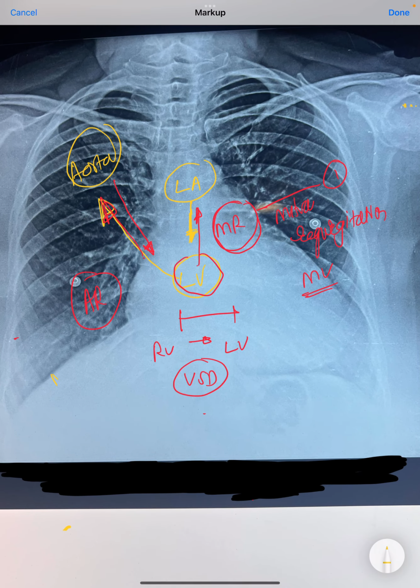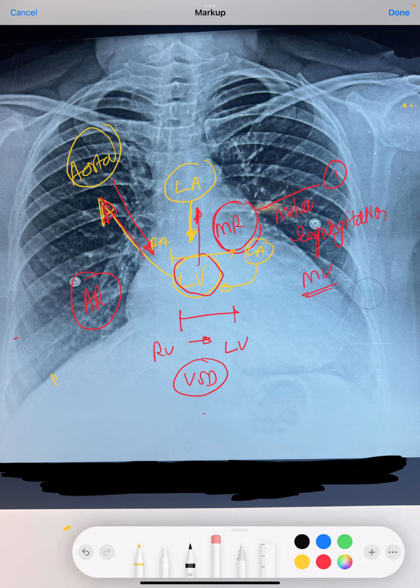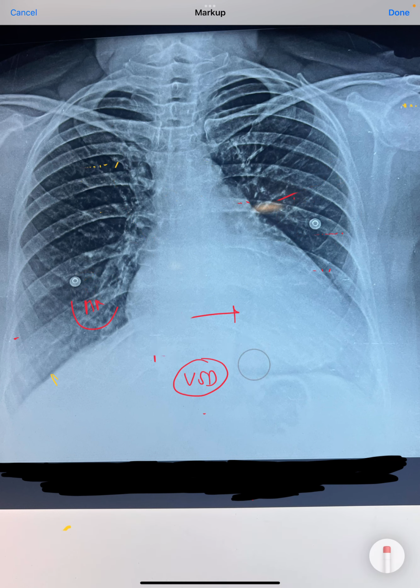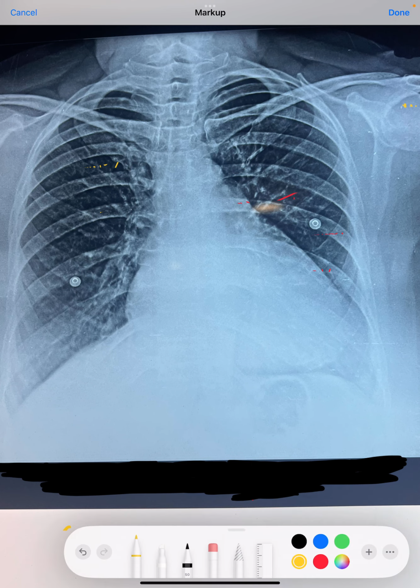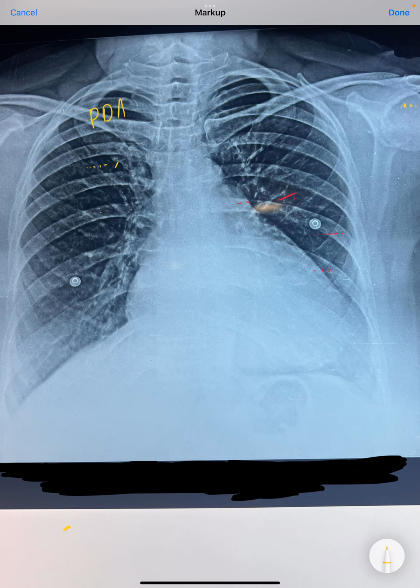Another thing is ASD, that is atrial septal defect. So right atrium to left atrium, there will be more blood flow, and so left atrium to left ventricle, there will be more blood flow. That will again cause increased blood volume into the left ventricle. And one more thing remaining is patent ductus arteriosus, which is an abnormal connection between the pulmonary artery and the aorta.